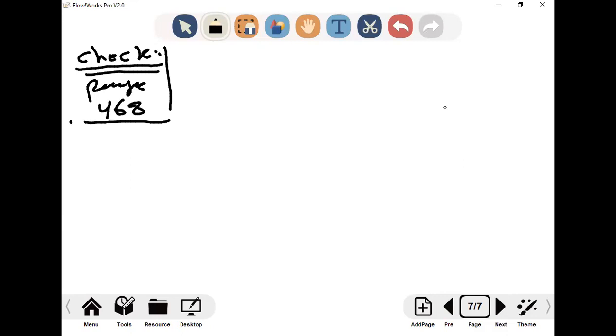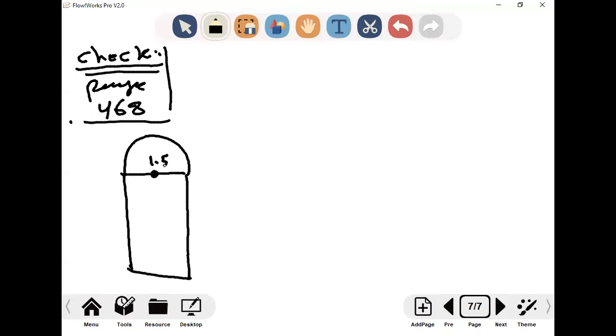So down here we have a rectangle and up we have a semicircle, not a circle. Now here they wrote for you this 1.5. This 1.5 is radius or diameter? Because it's in the middle.